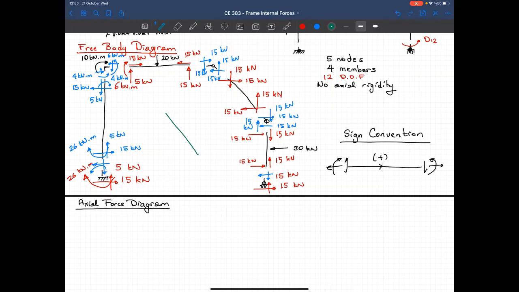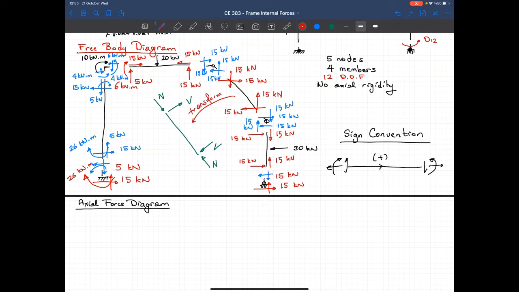I have to find the components as axial forces and shear forces. So I have to convert these 15 and 15 kilonewton force couple into another force couple that means something to me, an axial force and shear force. So we do a coordinate transformation.